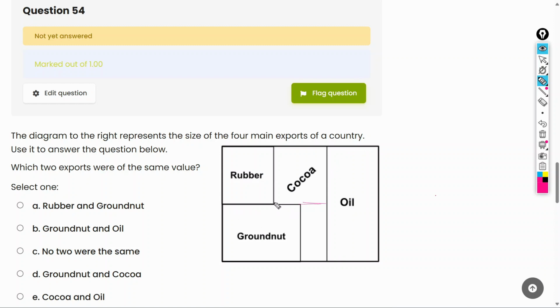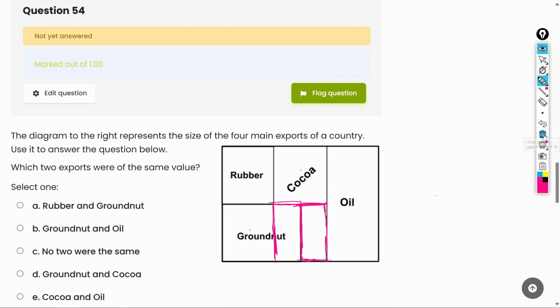The space that groundnut occupies is this with an extra. Because if you even look at it, there are 3 equal spaces, right? And then groundnut takes an extra of this, which is the same thing that cocoa takes here. So it's like there are these boxes, these 2 boxes are equal, and then this takes out this equal size, and cocoa takes out that equal size.